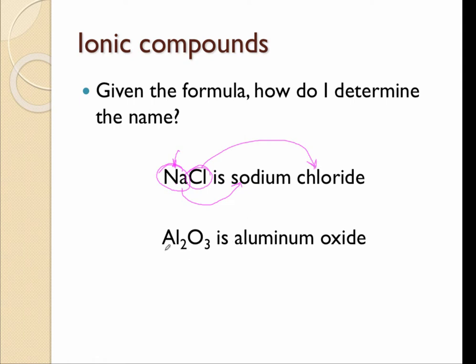So here's one we haven't seen: Al2O3. Identify the metallic ion. Its name is aluminum. O is the oxygen element. It is a nonmetal, so I'm going to use the root for oxygen, which is ox, and then add the ending ide, so aluminum oxide.